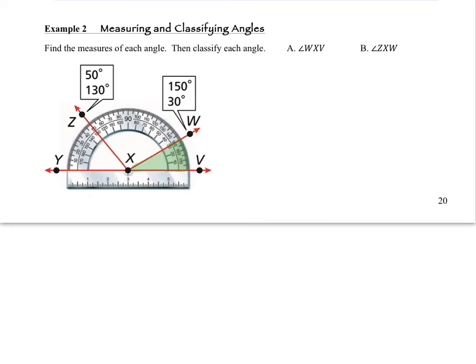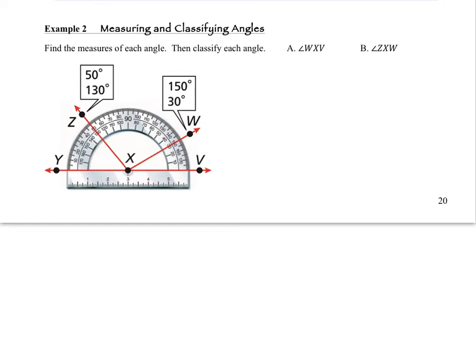So we're going to line ourselves up with the 0. That's one way to do it, remember, and not the only way. Then we just count up to where the other ray hits the protractor. So that ray XW hits the protractor at 30 degrees.